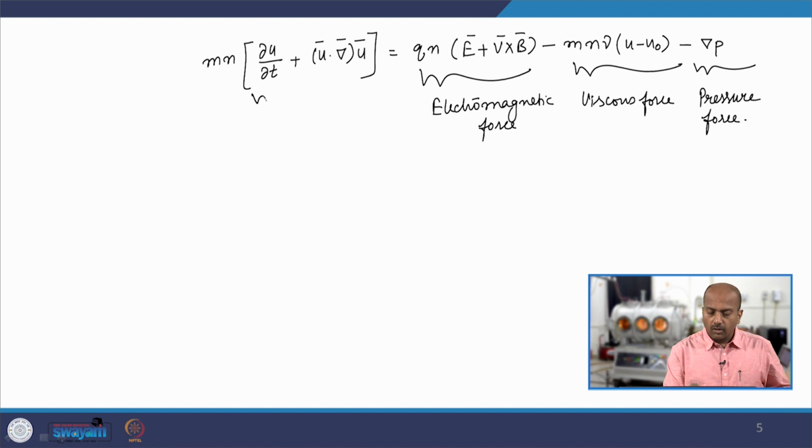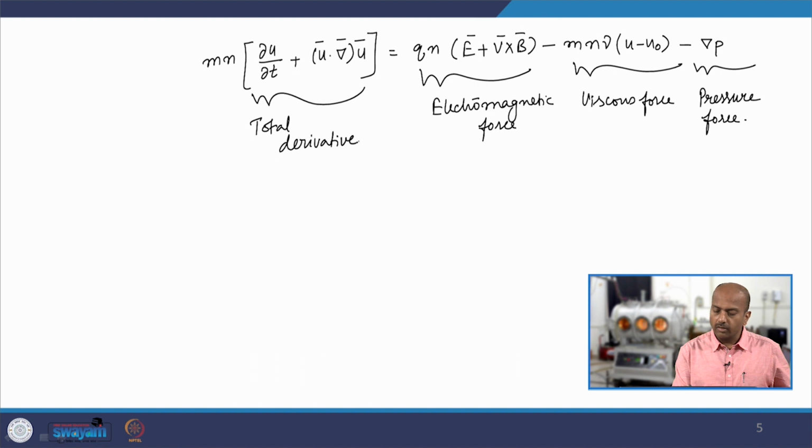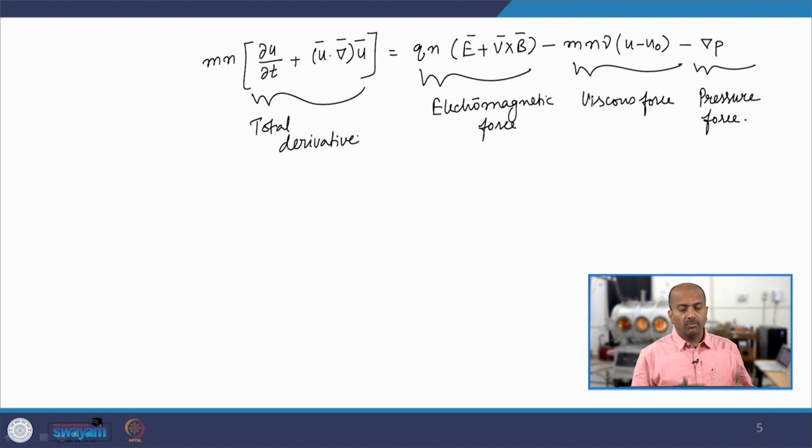And whatever appears in the square bracket, as we have already discussed, this is the total derivative. So, if you look at this equation, on the left hand side you have the rate of change of momentum, you have the acceleration term, but written by using a total derivative, because we want to account for the motion of the fluid also while following the motion.